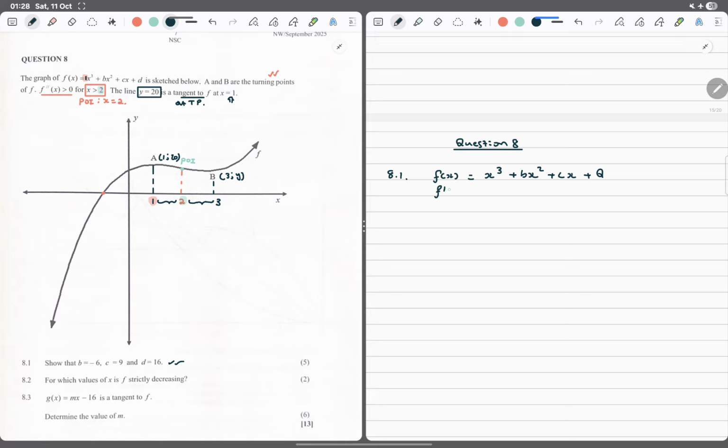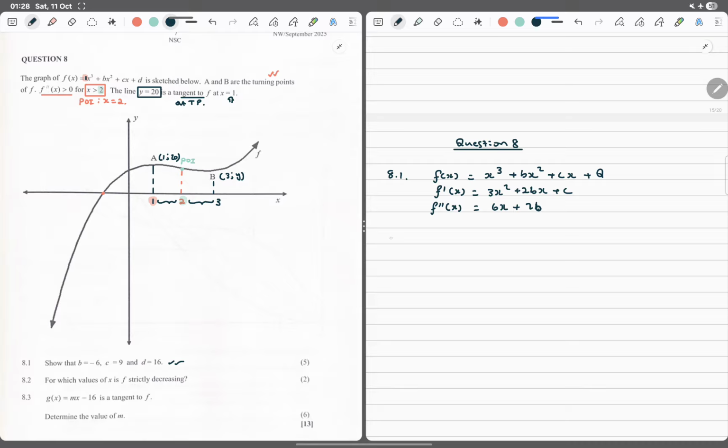We know that we need the first derivative. This is going to be 3x squared plus 2bx plus c. And we need the second derivative. This is going to be 6x plus 2b. Now this is very important to always do, okay? Because we know we're going to need each.